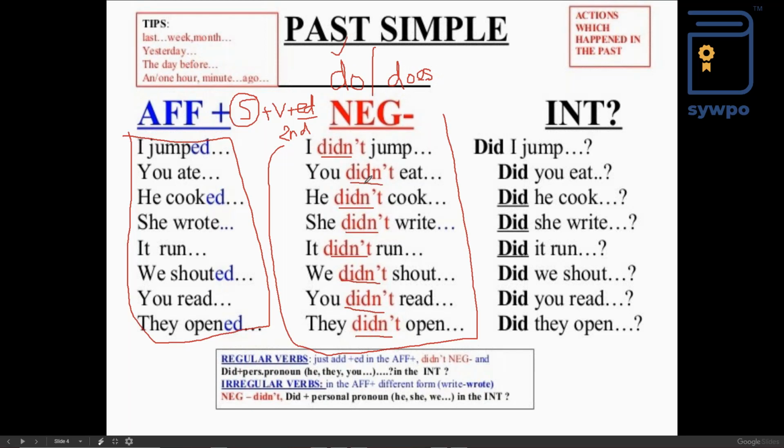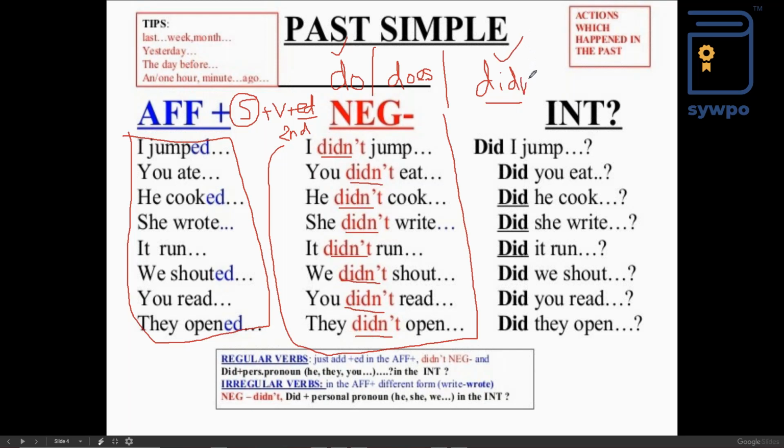Remember? Now that was for present simple, but in past simple, we use did. Okay? We use did, and did is used for all the subjects. Doesn't matter whether you are writing with the first person singular, second person singular or plural, third person singular or plural, doesn't matter. You use did all the way.